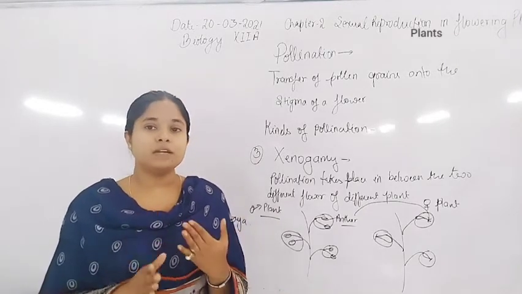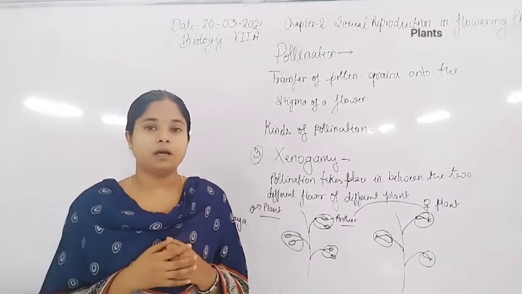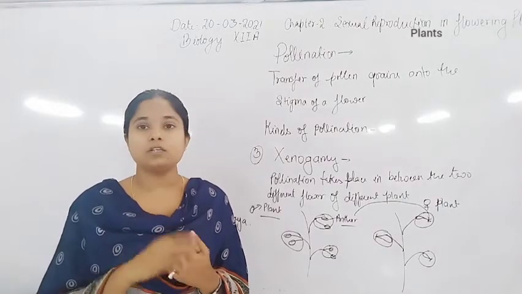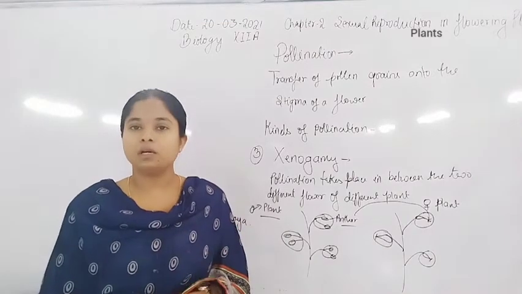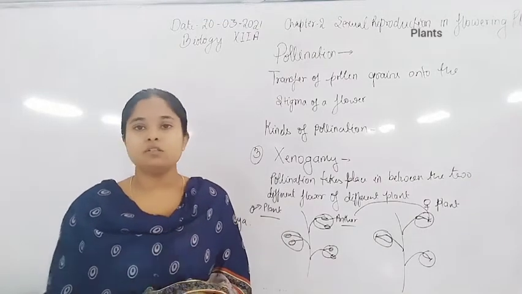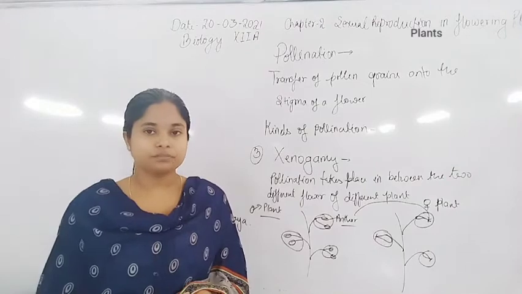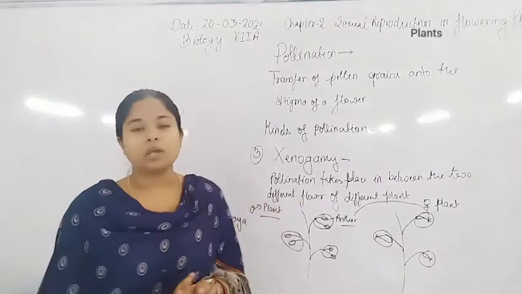So the protandrous and protogynous types of flowers, even though they are bisexual, also inhibit autogamy. They only allow xenogamy.